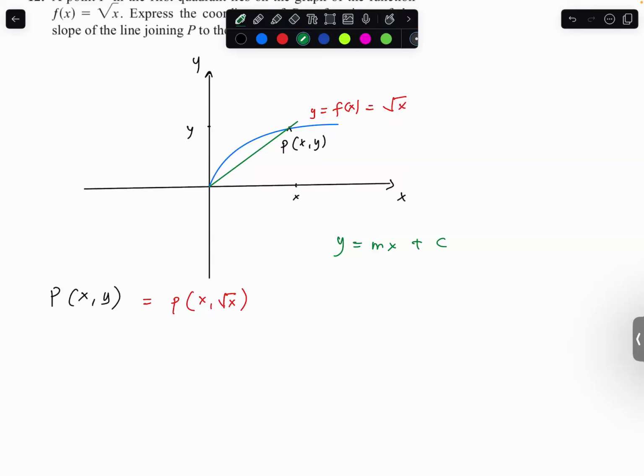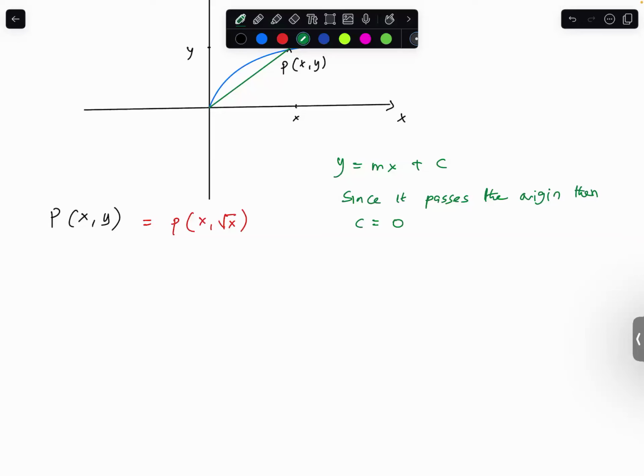Since this line passes through the origin, c is equal to 0. Then we can write the equation of this line as y equals m times x.